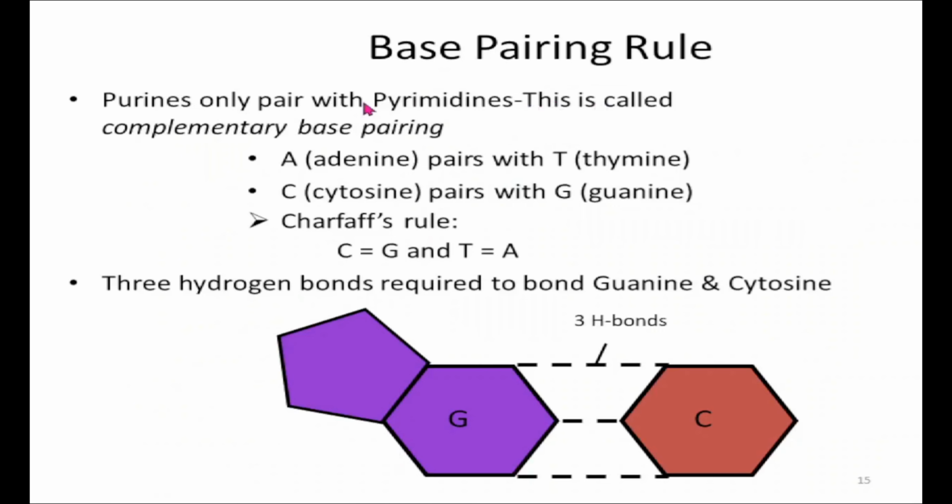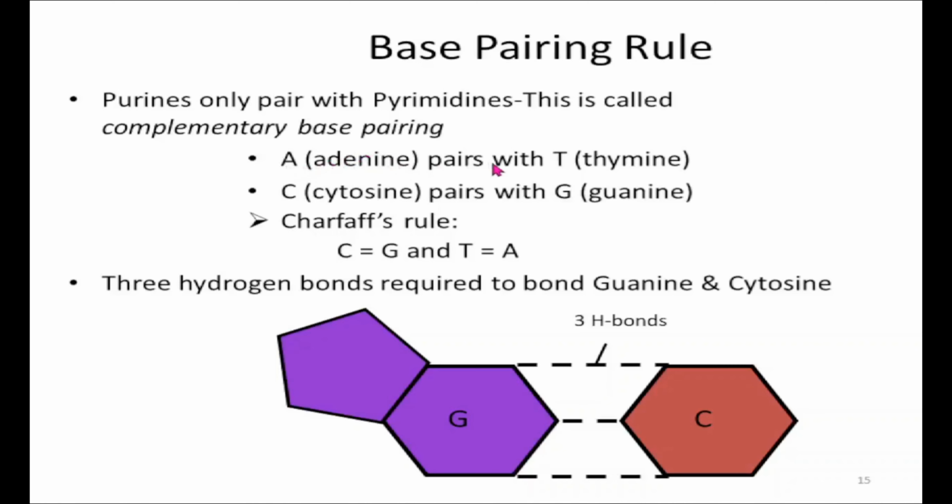Base pairing rule, that is, purines only pair with pyrimidines. Purine will not pair with purine, or pyrimidine with pyrimidine, in the normal condition. Purine always pairs with pyrimidine. That we call complementary base pairing.